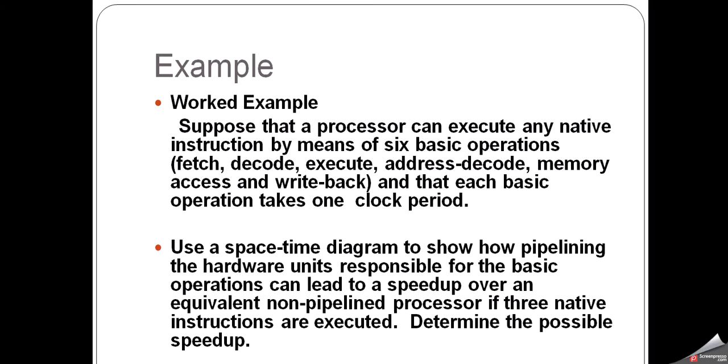And as designers of a CPU or processor system, we'd have to decide what a suitable clock period was, obviously. So the example requires you to use a space-time diagram to show how pipelining the hardware units responsible for the basic operations, those 6 operations, can lead to a speed up over an equivalent non-pipelined processor system if just 3 native instructions are executed.